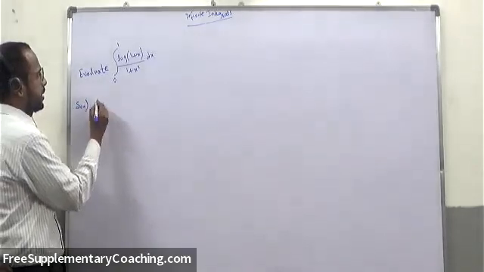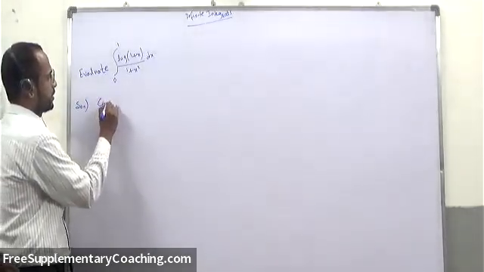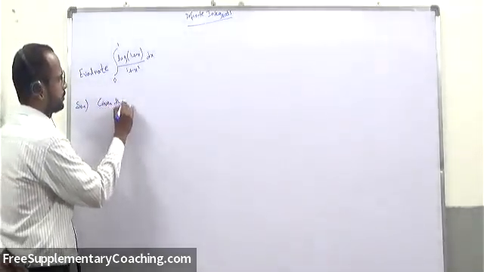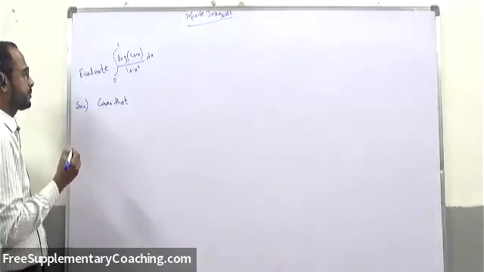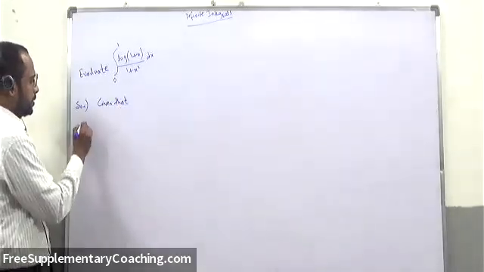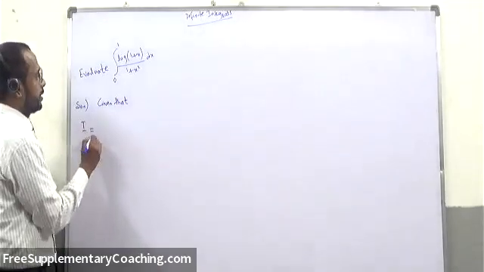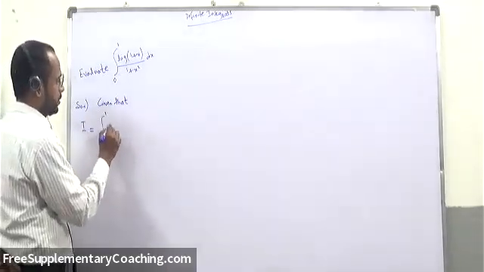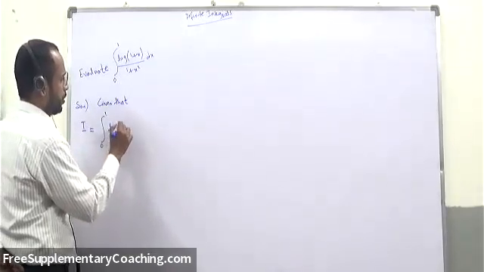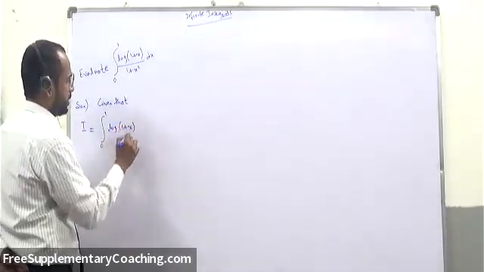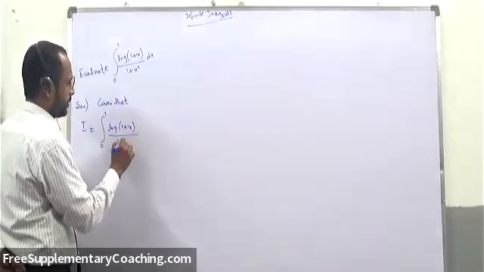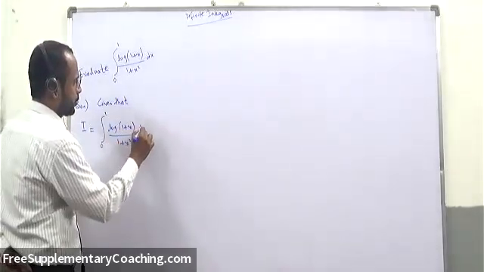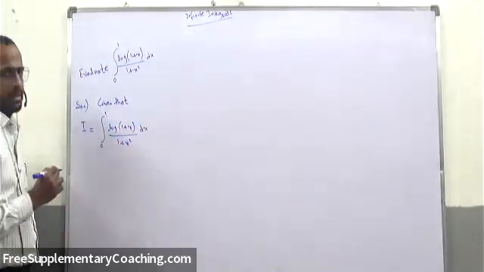Solution, given that I is equal to integral 0 to 1 of log(1 plus x) by (1 plus x square) into dx.